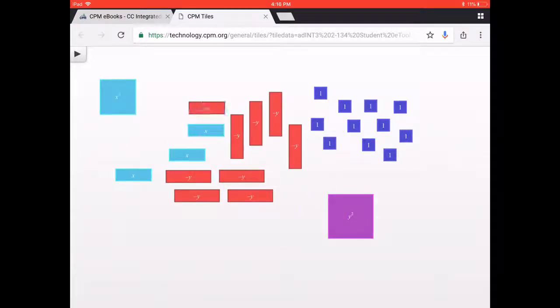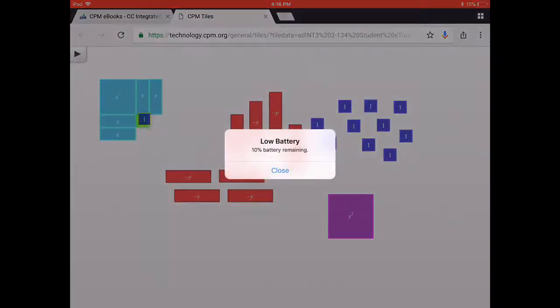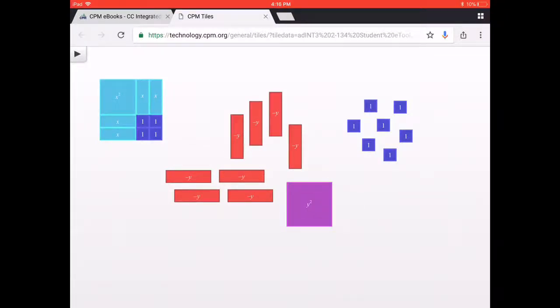So we're going to complete the square, but we're going to have 2 squares this time. We'll arrange all the x tiles together since they will fit nicely to make a square, and then arrange the y tiles together because they will make a square.